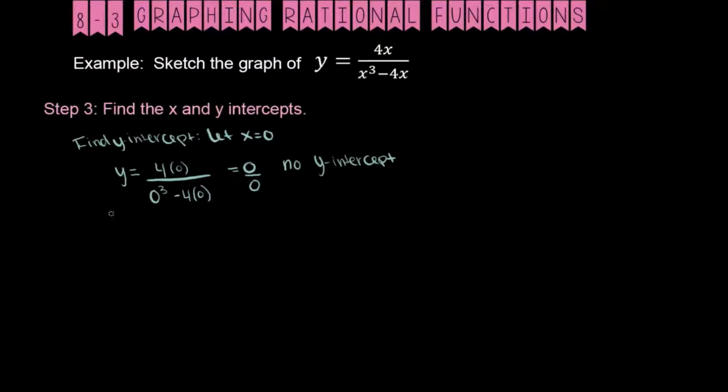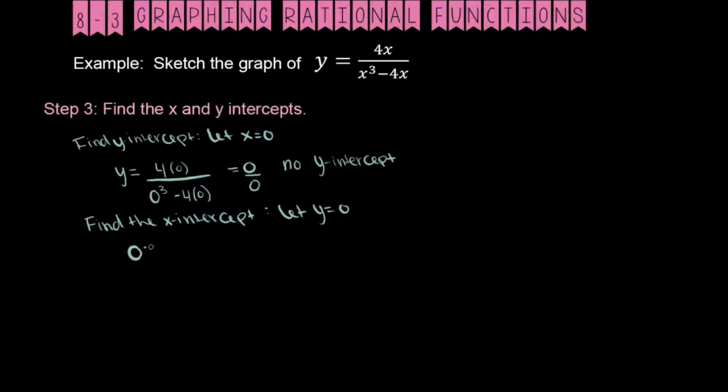Then to find the x-intercept, I'm going to let y equals 0. And we only care about the numerator here because we don't want the denominator to end up being 0.